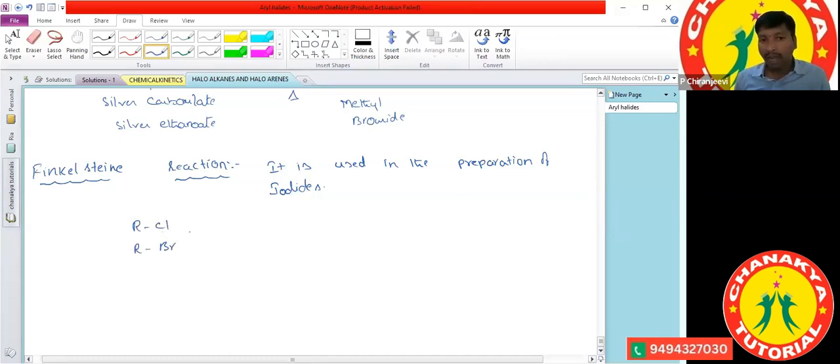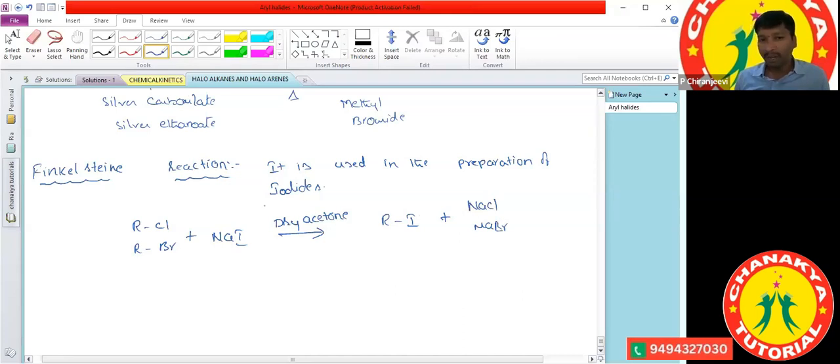Alkyl chlorides and alkyl bromides, RCl and RBr, are treated with sodium iodide in the presence of dry acetone. They form alkyl iodides, and the byproducts are NaCl and NaBr.